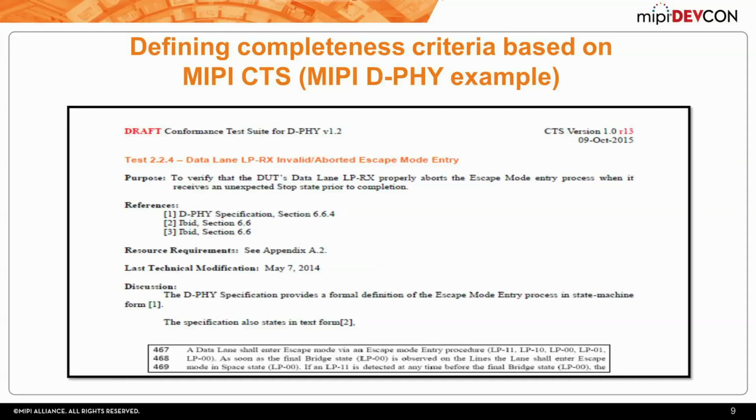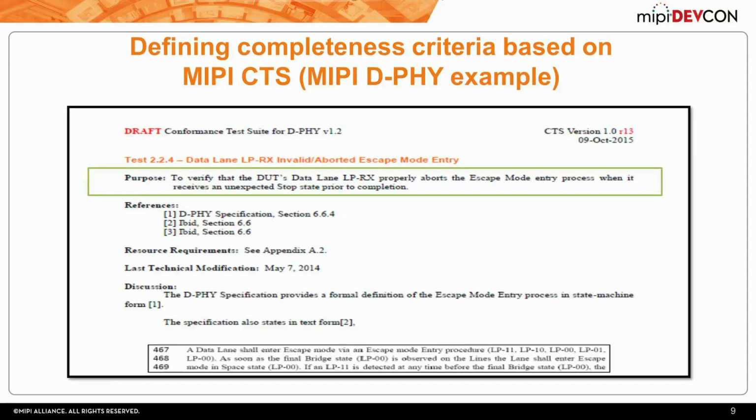But in that case, we are going to try and take a certain test from the CTS and see what we can do with that. So in this example, we are taking a DPHY test, and this test wants to verify that the DUT data lane LPRX properly aborts the escape mode entry process when a certain unexpected scenario happens.